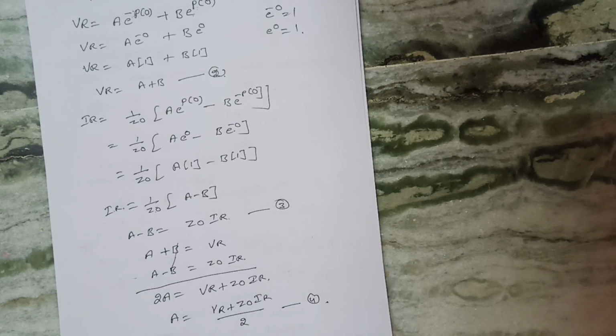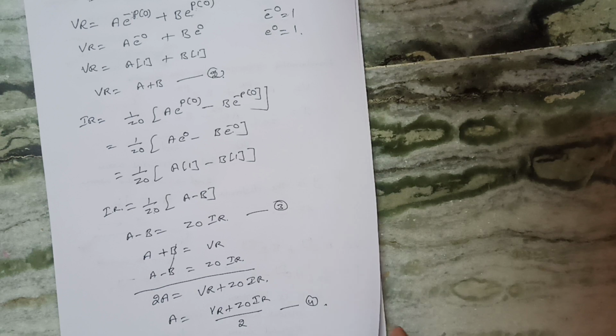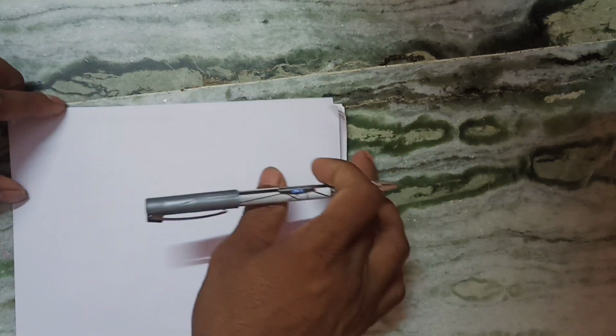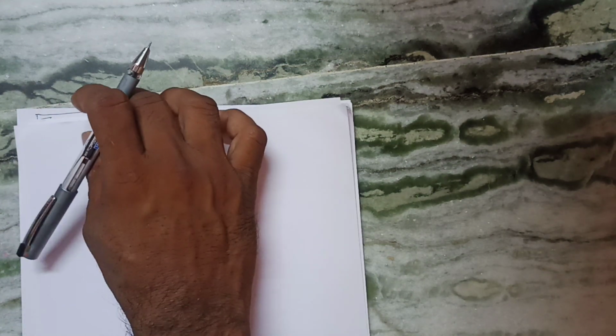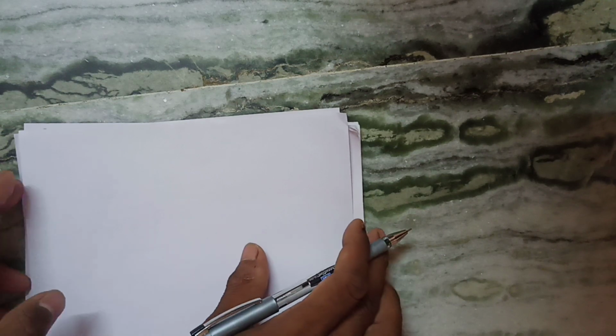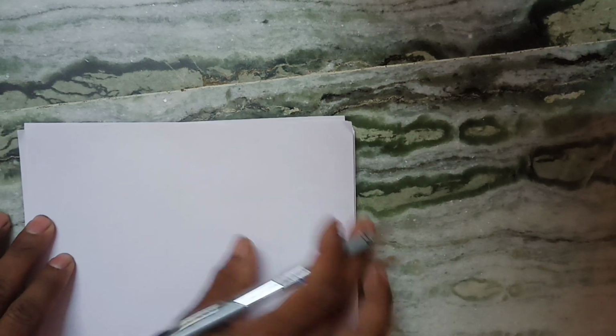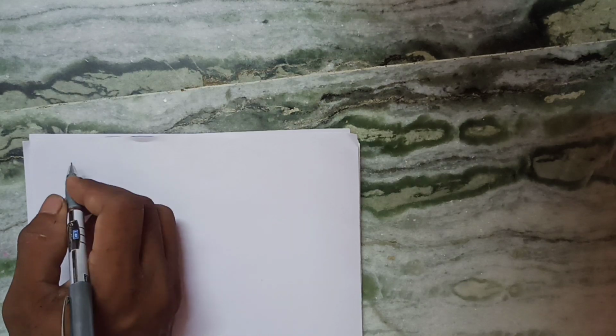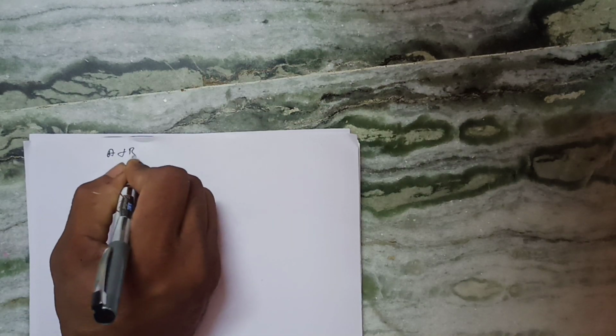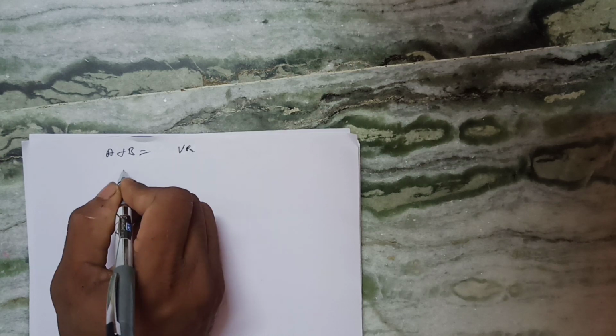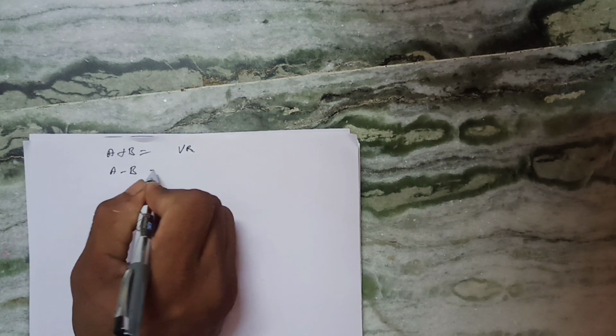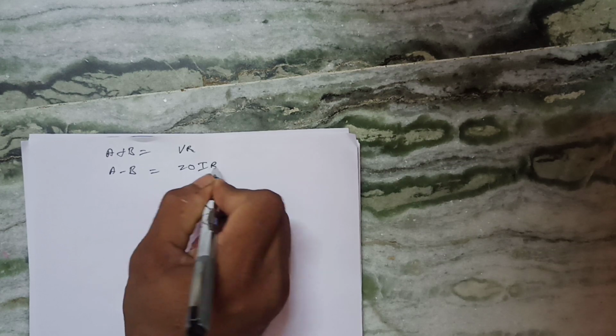Similarly for B. So in the above equations, A plus B is equal to V_R, A minus B is equal to Z naught into I_R.